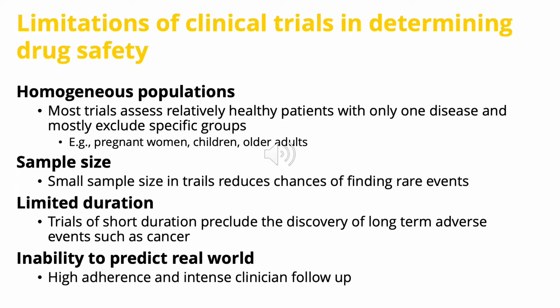As I mentioned, typically very homogeneous populations are enrolled in RCTs, and mainly include relatively healthy patients with only one disease, and exclude specific subgroups of individuals such as pregnant women, children, or older adults. So in observational drug safety studies or Phase 4 studies, we might be interested in determining the safety of a newly marketed medication within pregnant women or within children or older adults. So that's one reason we might go on to conduct a Phase 4 observational drug safety study.